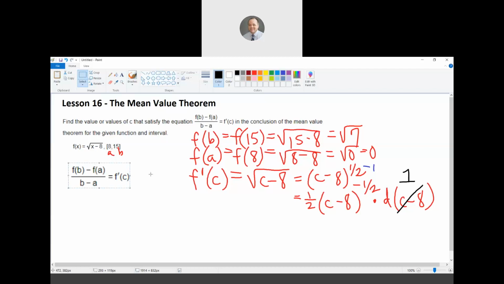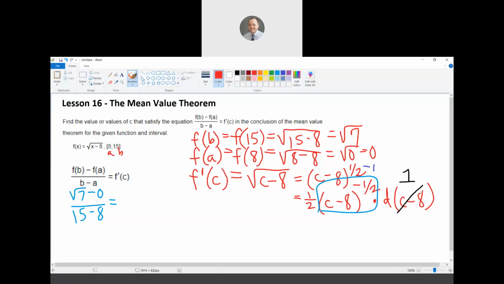All right, so f of b was square root of 7. F of a is 0. All over just b minus a, which is 15 minus 8. And before we plug in f prime of c, we need to change this part of our derivative back into a radical.